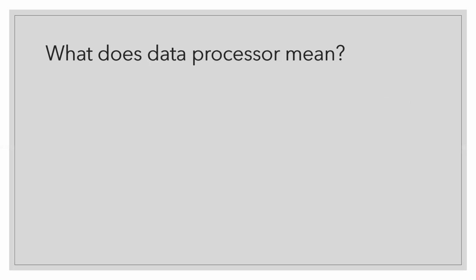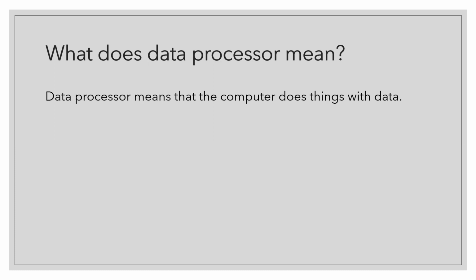Okay, then the next question was, what does a data processor mean? Data processor means that the computer does things with data. Like I need to add two numbers, or divide two numbers, or sometimes we perform some logical operations.